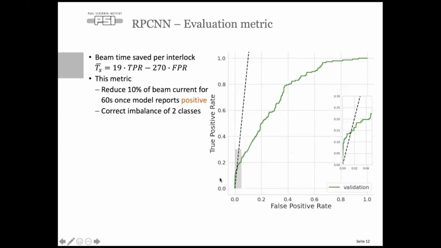Basically, we assume this metric reduces the beam current by 10% for 60 seconds once the model has reported a positive signal. In defining this metric, we also corrected for the imbalance of the two classes.